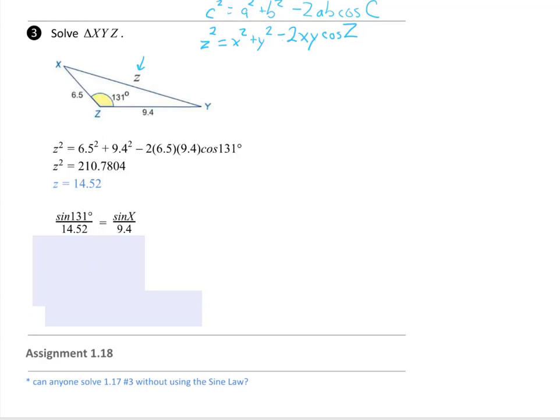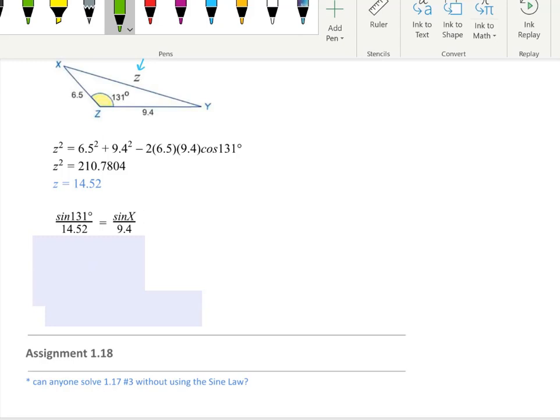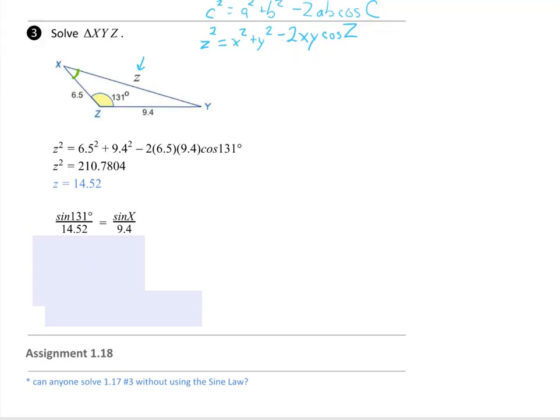I have sine of z over side length z, and then sine of capital X, because that's the angle, over 9.4. Because we take a look at angle X up in the diagram, 9.4 is what we're using down here in green. So it has to be a corresponding angle and side length.